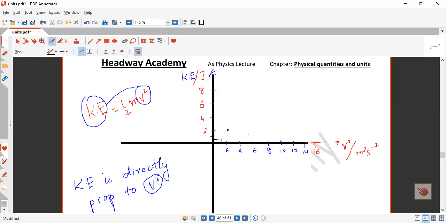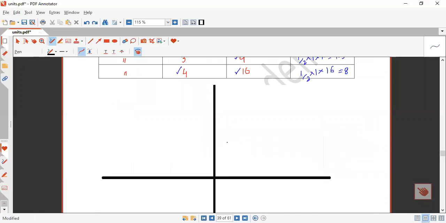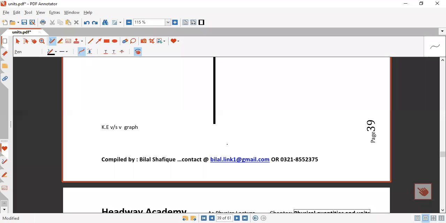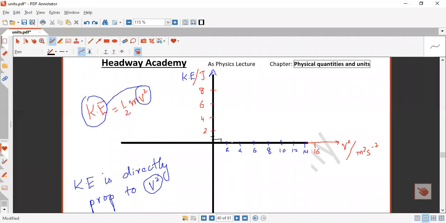And then the next reading was when the velocity square is 4, kinetic energy is 2. So here is the point, right?